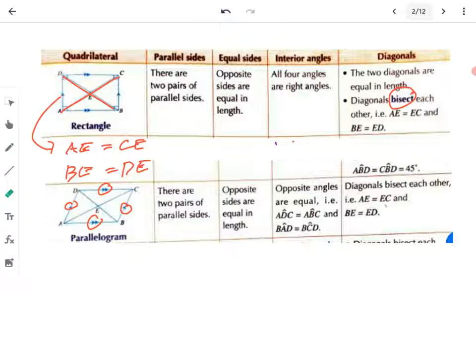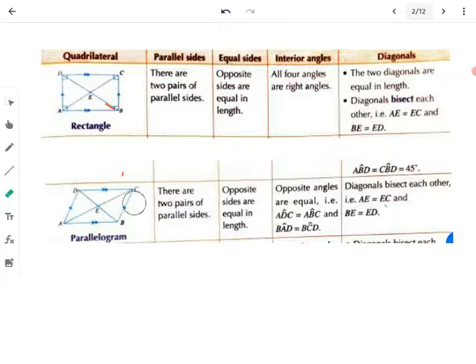In terms of equal sides, the opposite sides of a parallelogram are also equal: AB and CD, and BC and AD. So the same as a rectangle.